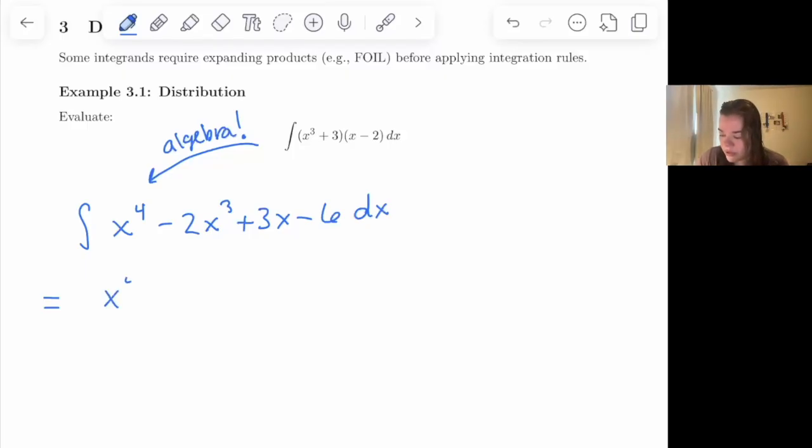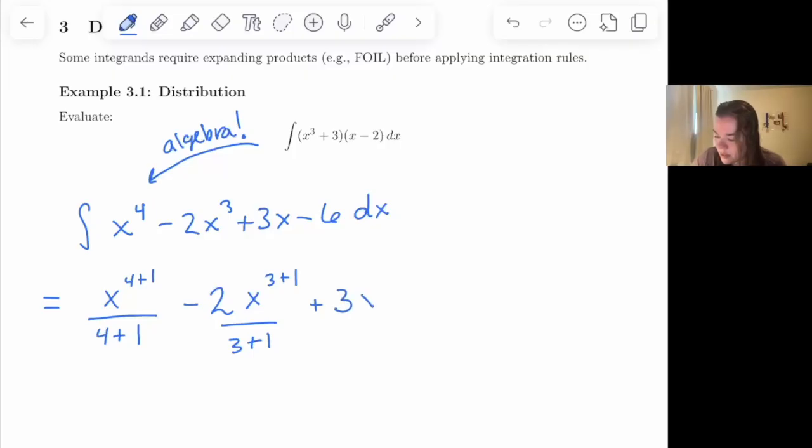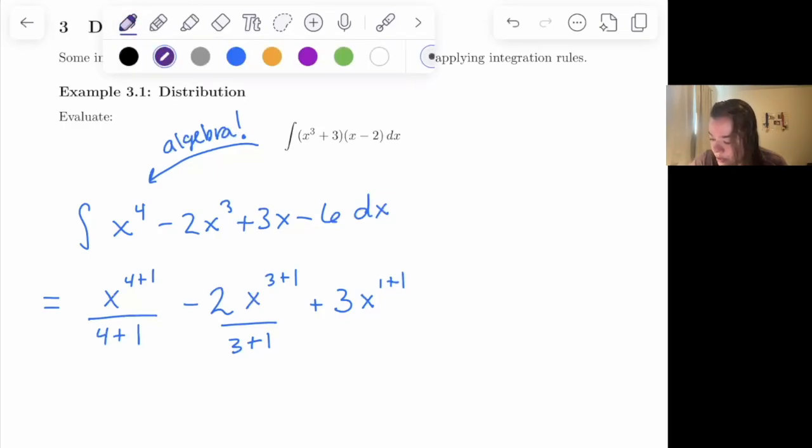So power rule in the first term, you add 1 to the exponent, divide by the new exponent. Keep going. The -2 multiplier comes with us. Take your x to the third, add 1, divide by the new exponent. Keep going. The 3 comes with us. Add 1. Remember, I had to put a 1 up there because there's an implied 1 exponent.